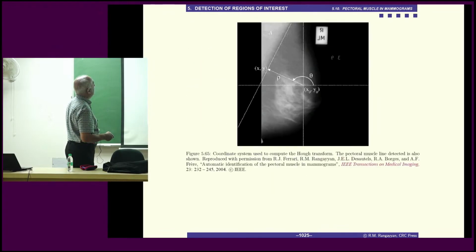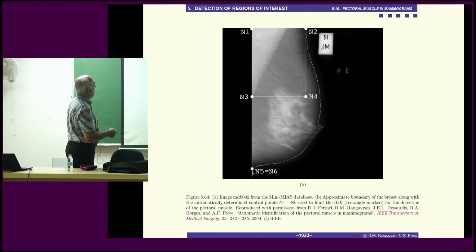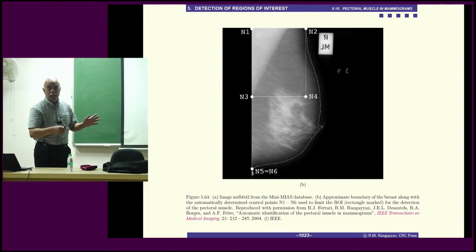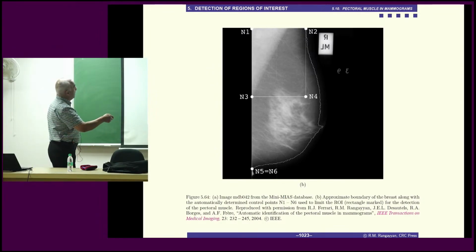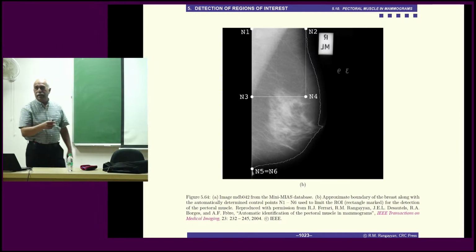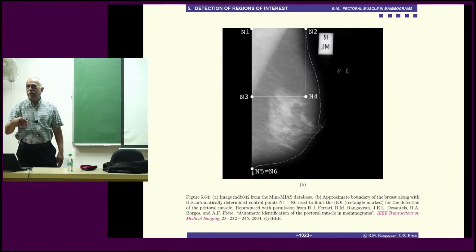Let's go back and see here. There could be some line that goes like that, and if it goes outside this, you say, I don't want that line. If the line includes breast tissue, then mu will be low and sigma square will become large.